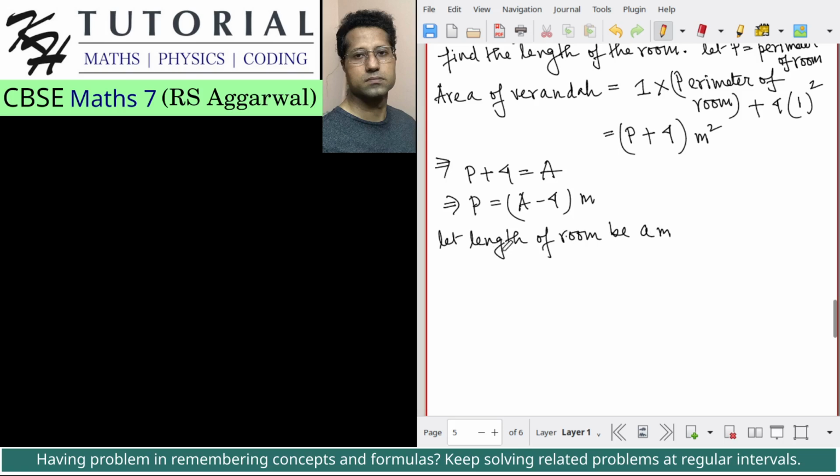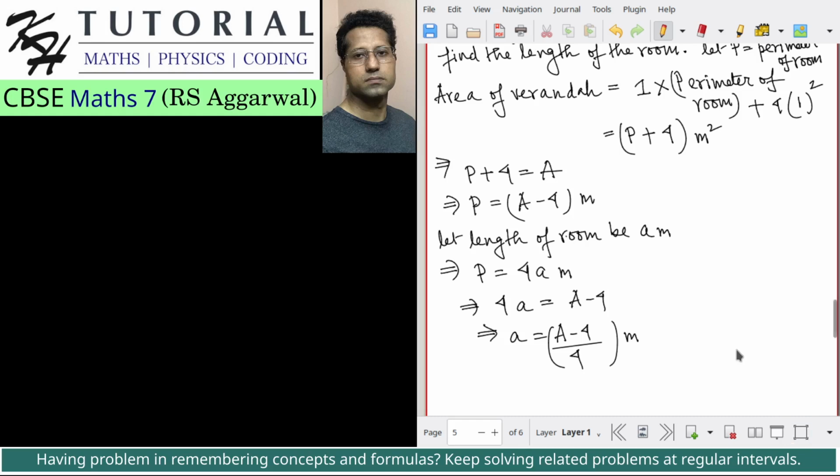So the perimeter p will be equal to 4a meter. So 4a should be equal to a minus 4. This implies a is equal to a minus 4 divided by 4 meter. So the length of the room is a minus 4 by 4 meter.